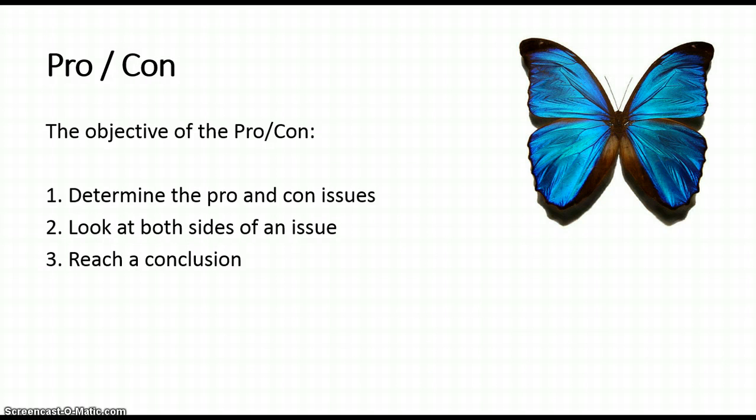The first way you can order your internal logic is through something called the pro-con. The objective of the pro-con is to determine the pro and con of the issues. And then you spend some time looking at both sides of the issues, and then you reach your own personal conclusion. So you think about the pros of an issue, you think about the cons of an issue, and you talk about those things with people.